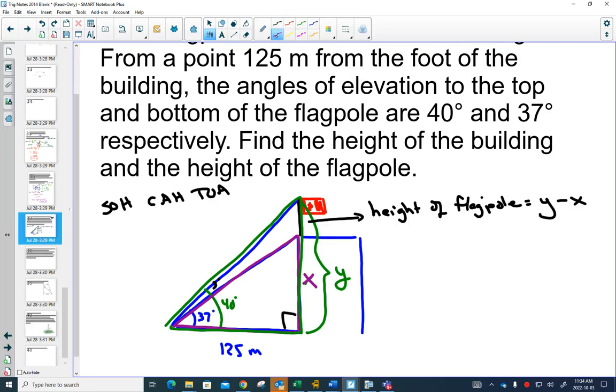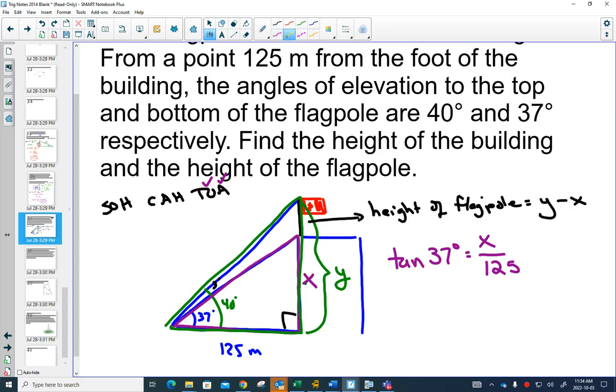It's 37 degrees. X is the opposite side, and we know the adjacent side. So we're going to use, in purple, tan. And we can write out that tan of 37 degrees, opposite side is x, adjacent side is 125.